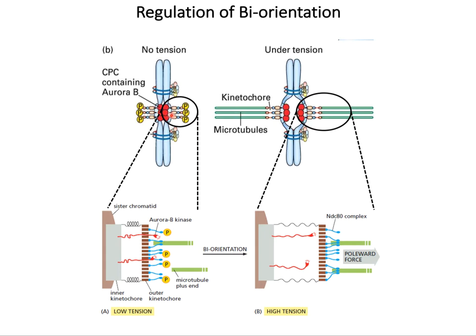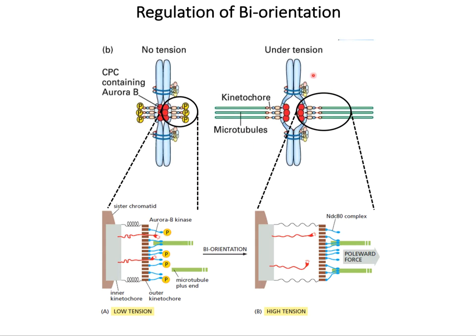It can phosphorylate the NDC80 complex, and when that happens, the association of the microtubule and this region is quite weak, or there is little or no tension. So in more detail, here in the bottom figure, the Aurora B kinase is in the red and the NDC80 is in the blue, and it is phosphorylated.